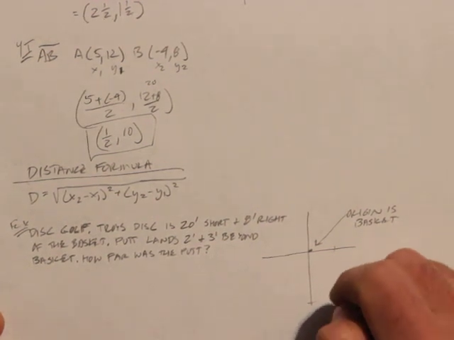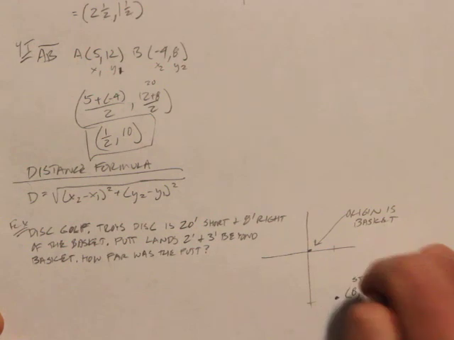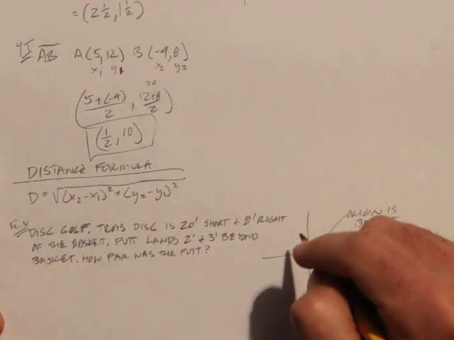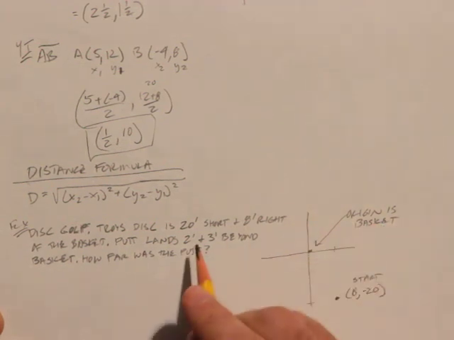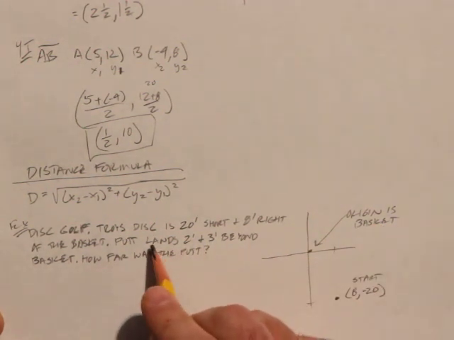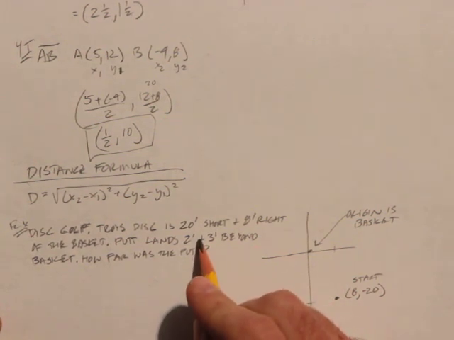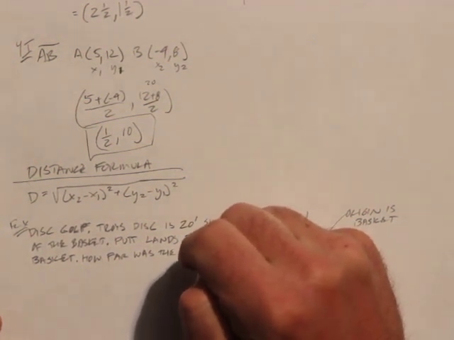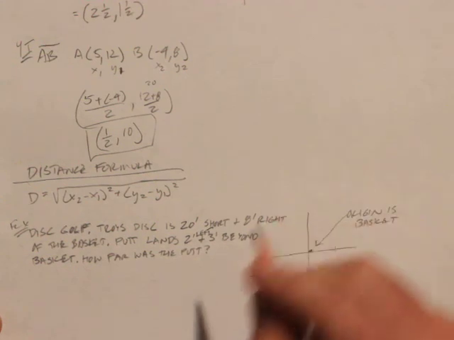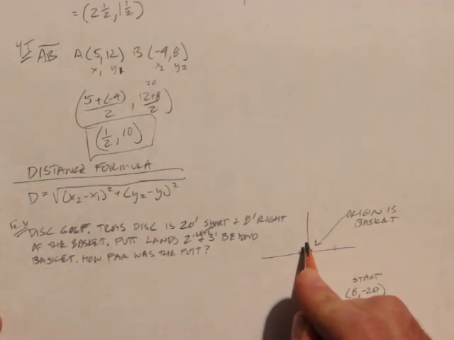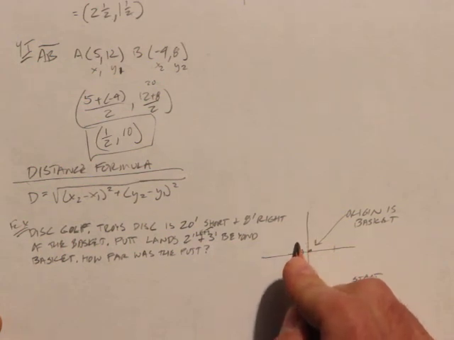This was the first, this is where he started. And then up here, here's the basket, 2 and 3, so the putt lands 2 left. Oh, did I forget to write left there? Sorry. 2 feet left, so that would be this way, and 3 feet past, or 3 feet beyond, so that would be right here.